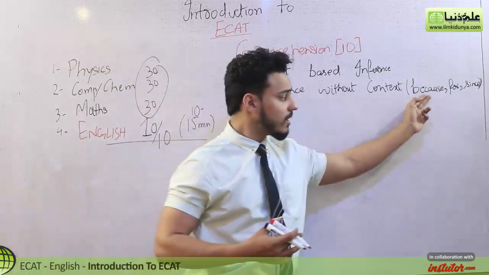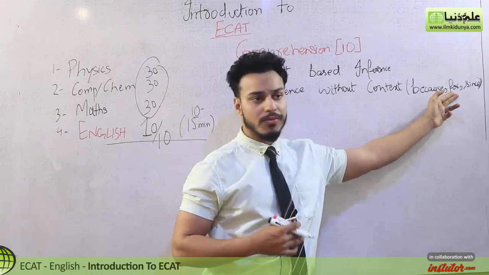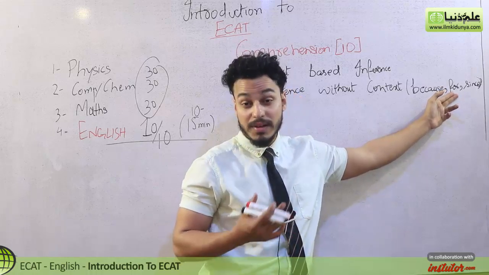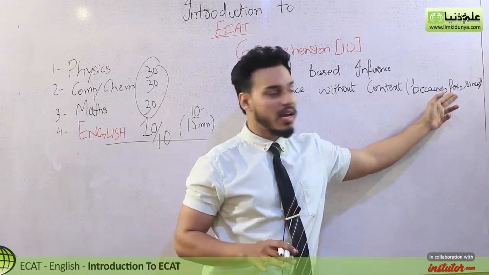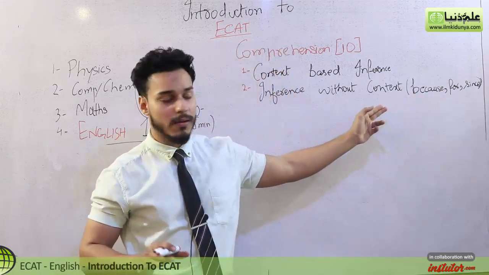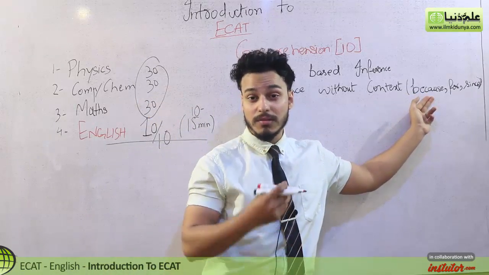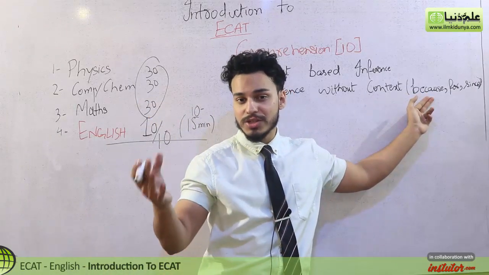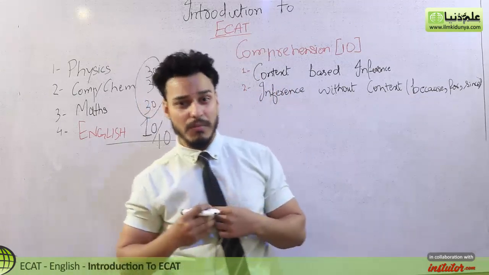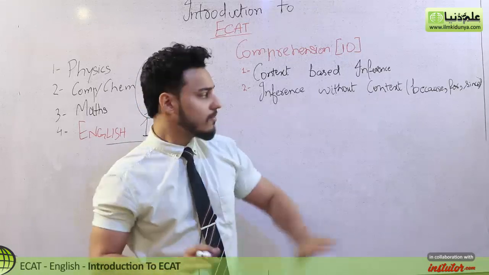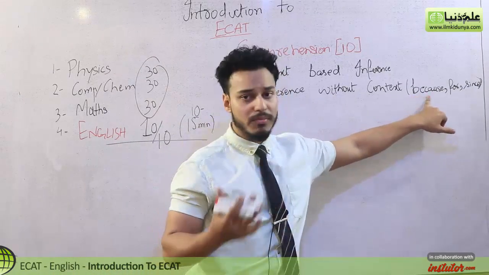So because tells us a definite reason. And then for is telling us a reason which is based on an assumption. For example, the people are not familiar if Thomas has fallen due to his own mistake or not, but the writer is just assuming that Thomas has fallen due to his own mistake. So then this would be inference without context, because we are not familiar with the context.